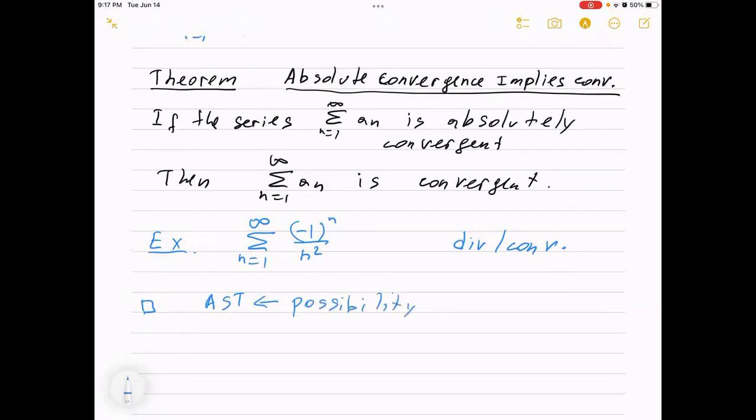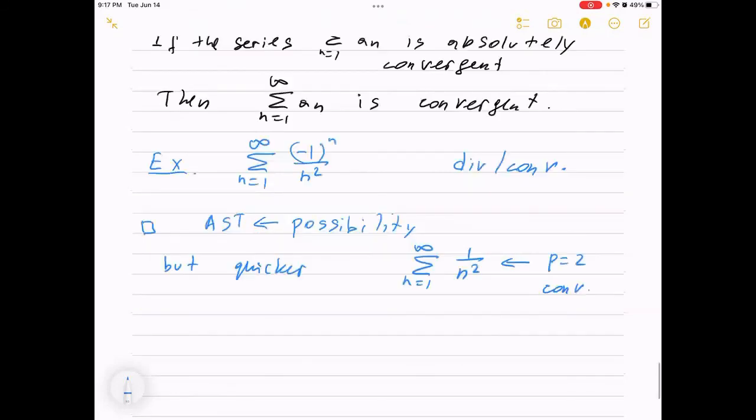But it's so much quicker to look at the series which will consist of absolute values of the terms. So 1 over n squared. We immediately know that it's a p-series with p equals 2, convergent. So we turn around, we conclude that the original series, n from 1 to infinity, is convergent. Because it is absolutely convergent, therefore it is convergent.